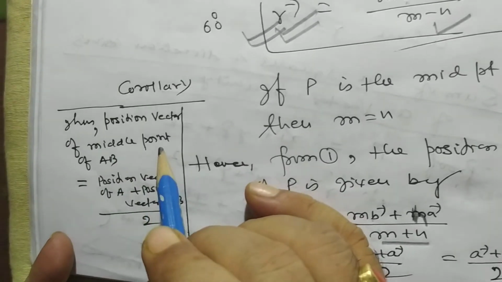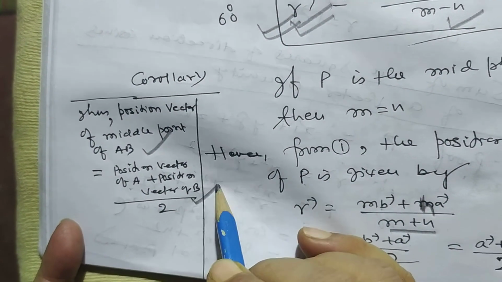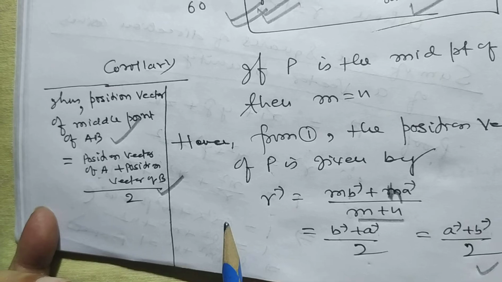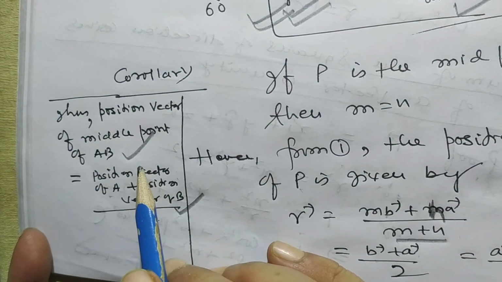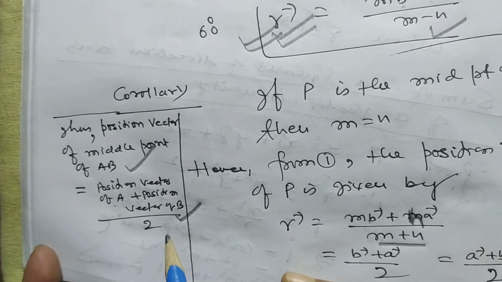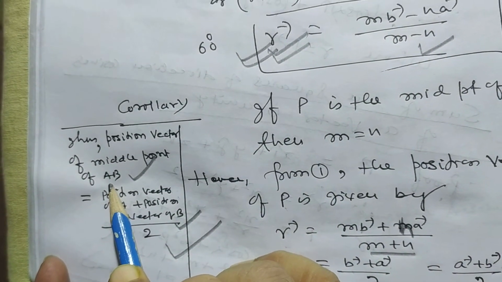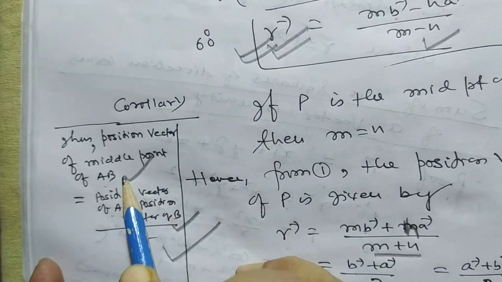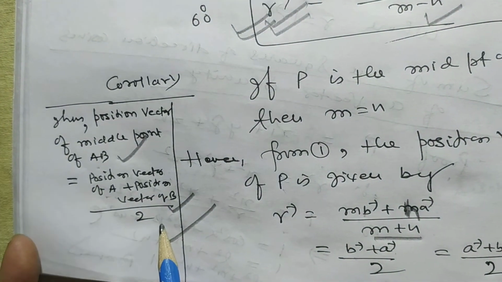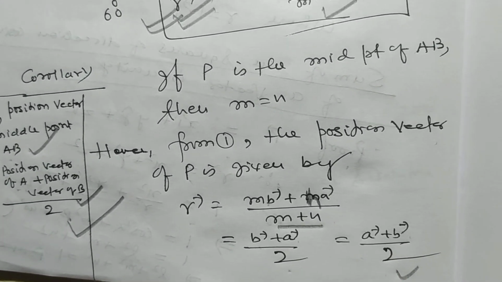Thus, the position vector of the midpoint of AB is the position vector of A plus the position vector of B divided by 2. Position vector of A is vector a, position vector of B is vector b. So the midpoint of this line segment is vector a plus vector b by 2.